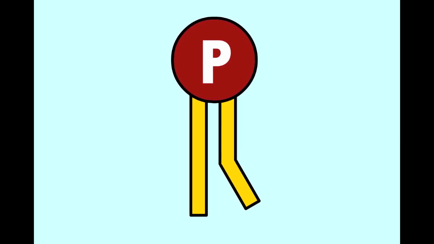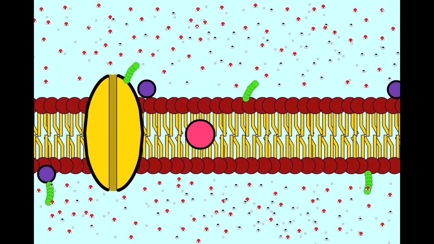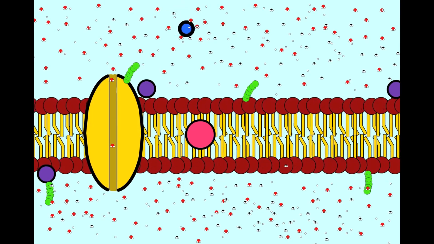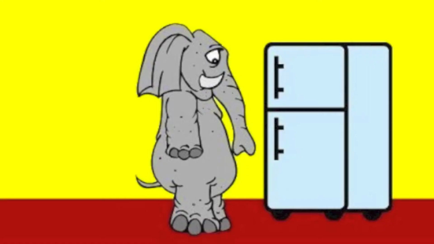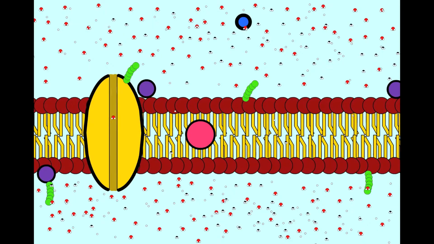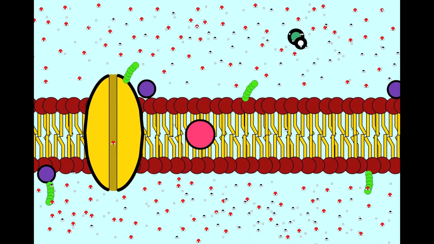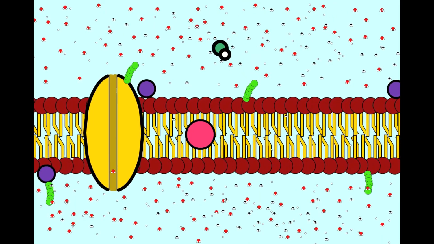This happens in a process called diffusion. Bigger molecules can't diffuse into the cell because the space between phospholipids is really small, and they just can't pass through there, just like an elephant can't go in a fridge. Okay, that was a bad joke, but it illustrates the point. The transport of bigger molecules is where proteins have a big role in the cell membrane.